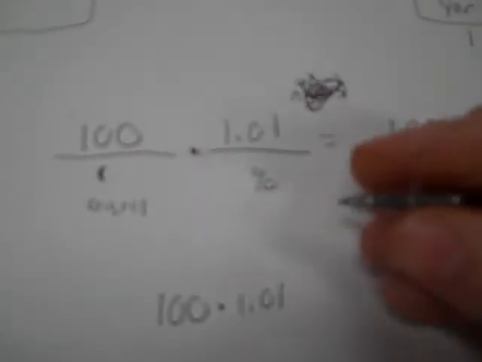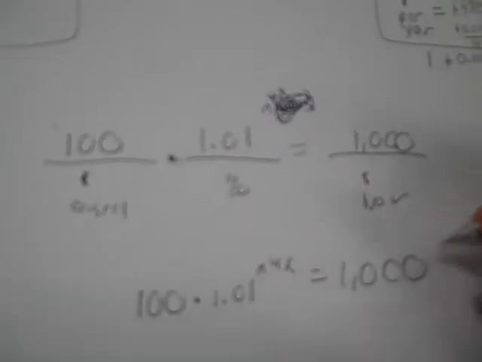Now, this is more than just a calculator problem. You can use a calculator for various aspects, but it's not the end-all, be-all. So I have 100 times 1.01 to the power of 4x equals 1,000. Where's the variable at? It's up here, so I need the circle split.